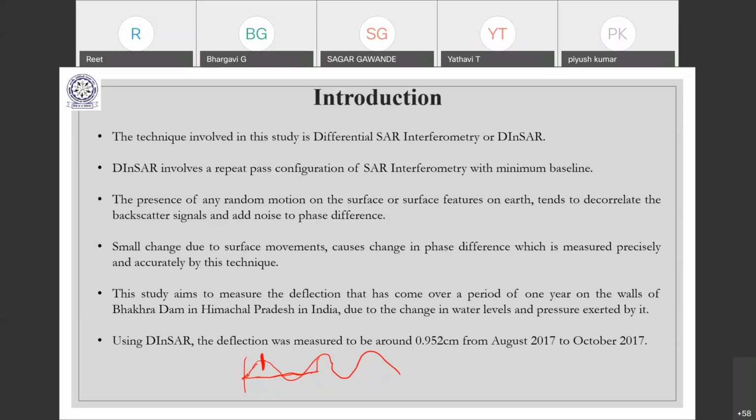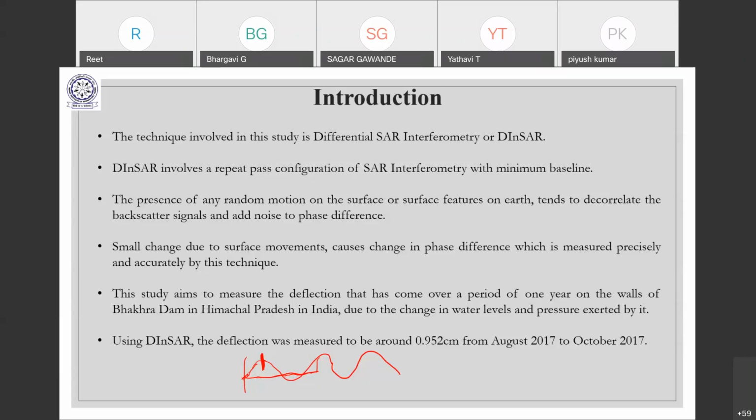Suppose the wavelength that we used is 10 meters. So 1,000 into 10, so 10,000 meters, and the half wavelength means 5 meters. So 10,000 plus 5, 10,005 meters. Okay, so that will be the total phase of that signal.